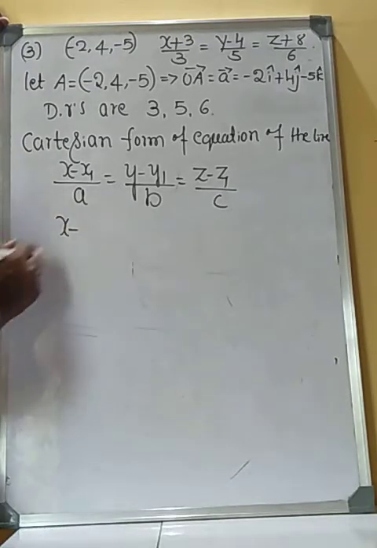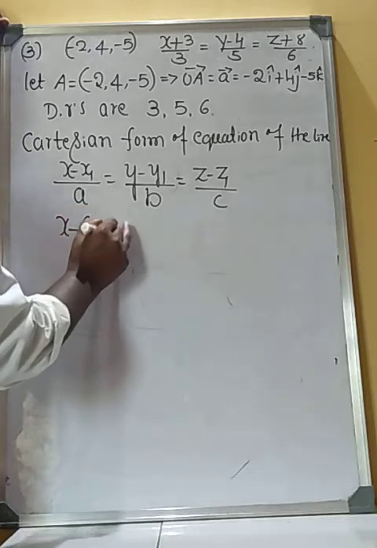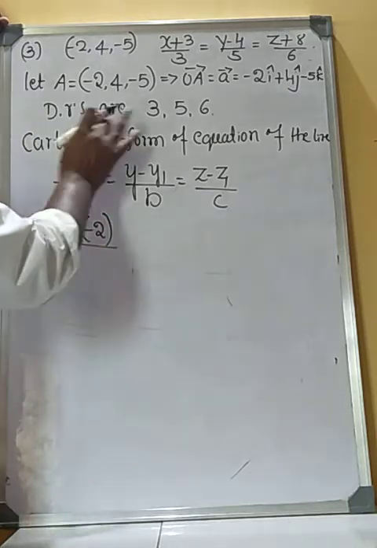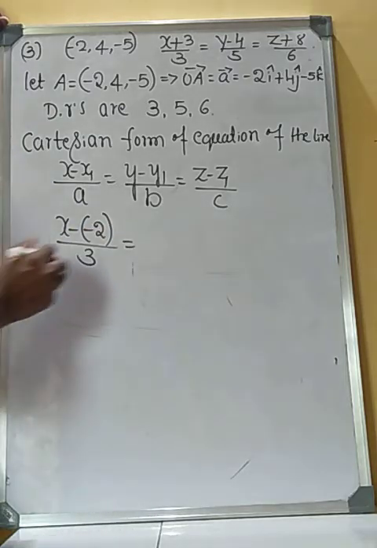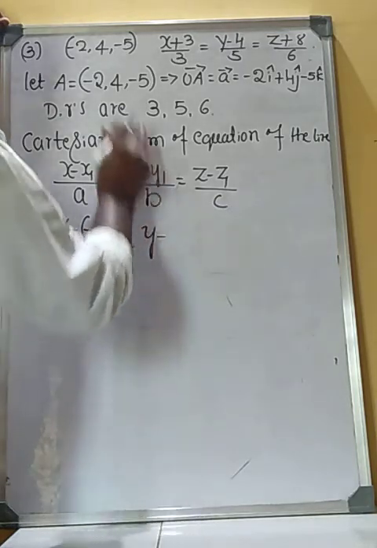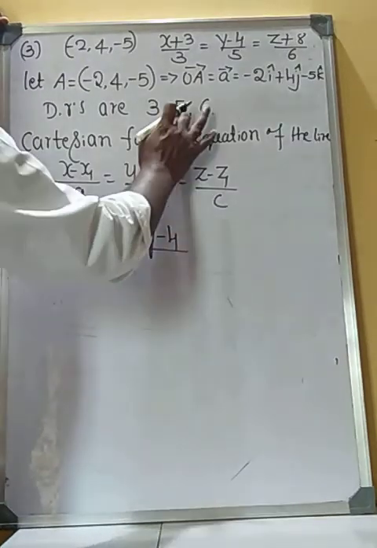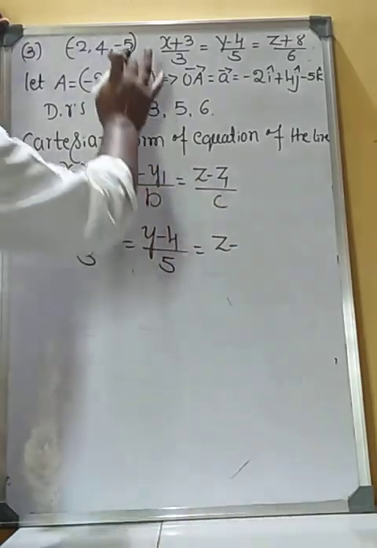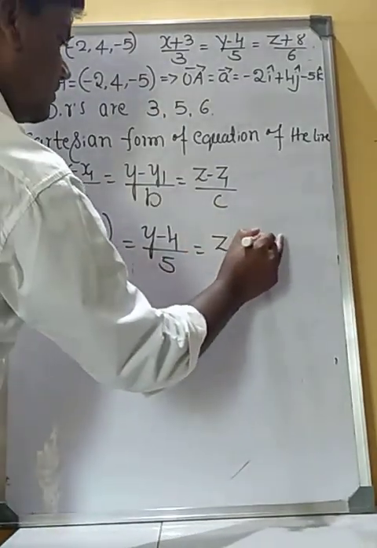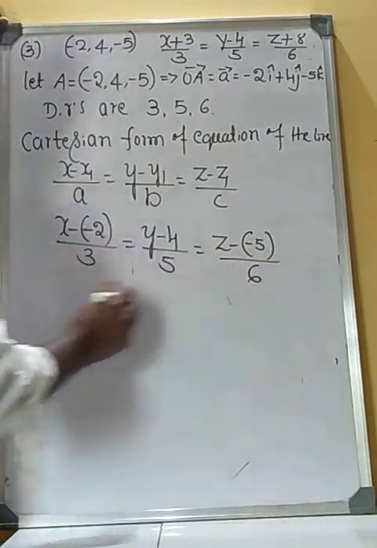Therefore, x minus x1 is x minus (minus 2) dividing by a which is 3, equals y minus y1 is y minus 4 dividing by b which is 5, equals z minus z1 is z minus (minus 5) dividing by c which is 6.